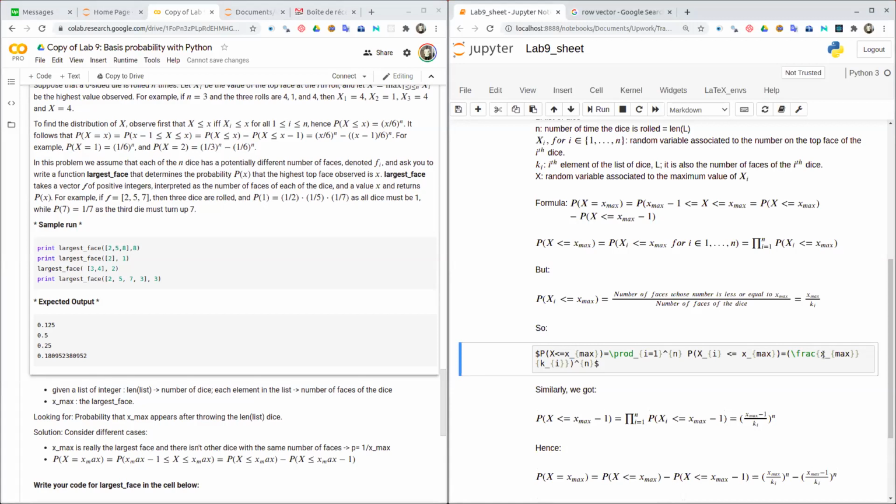Yeah, there is a mistake here. Wait a minute, there is a mistake. Okay. Let me correct it. Equals, it's not directly power n.